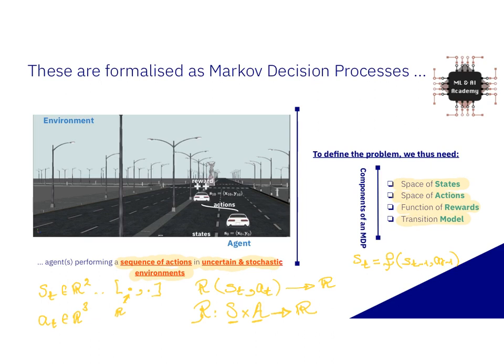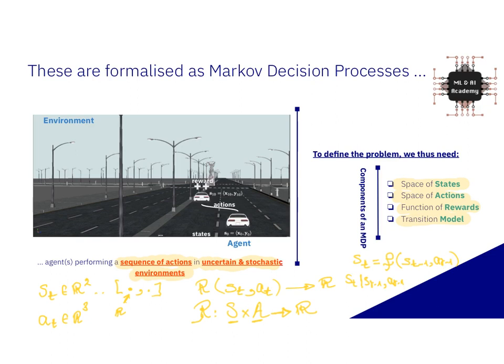As we said, however, this transition model is going to be stochastic. And that's why it's not going to look like a function f like this, but it has to look like a probability density, typically a conditional probability density, which we will write as s_t conditioned on s_{t-1} and a_{t-1}.